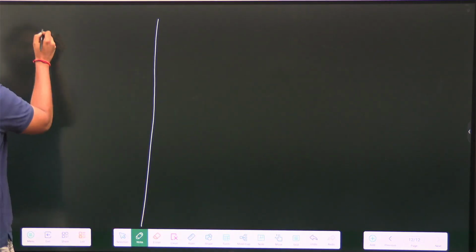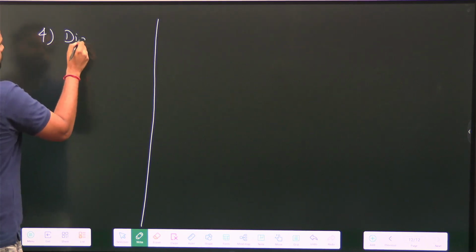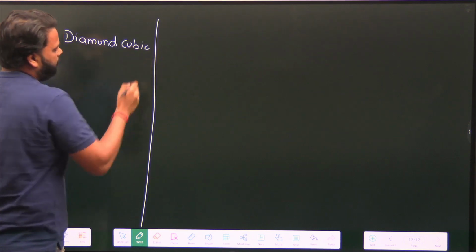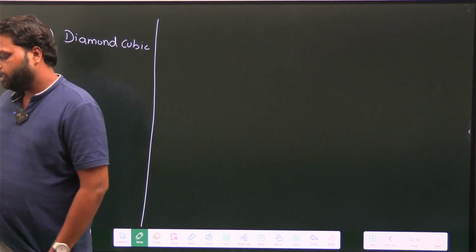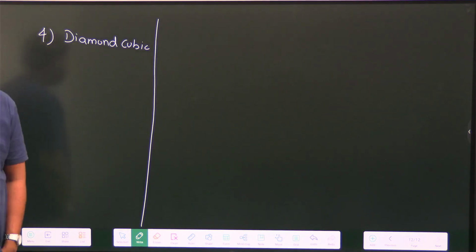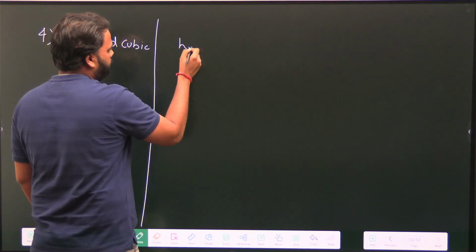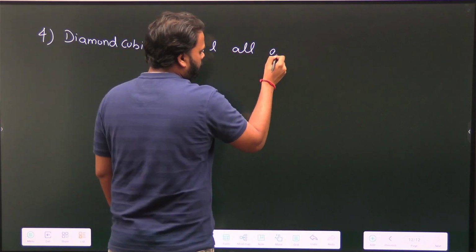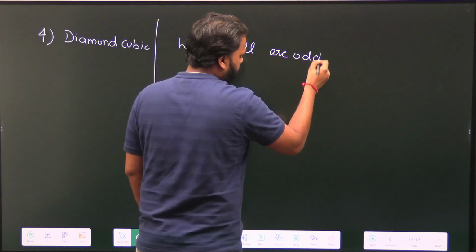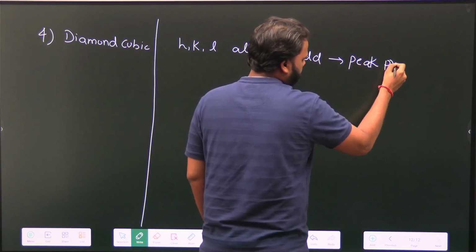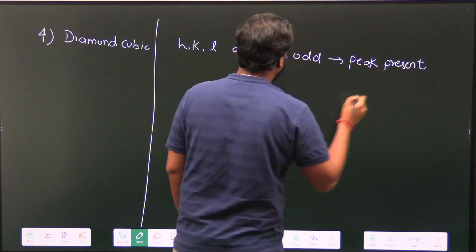Write it for the diamond cubic. The fourth one is diamond cubic. So the condition for the diamond cubic is HKL are all odd. Then peak present. Okay?